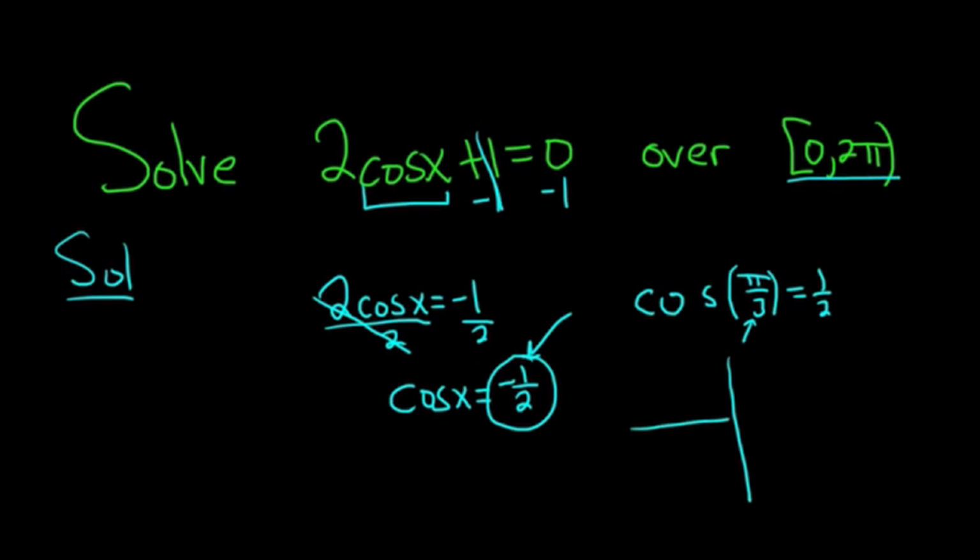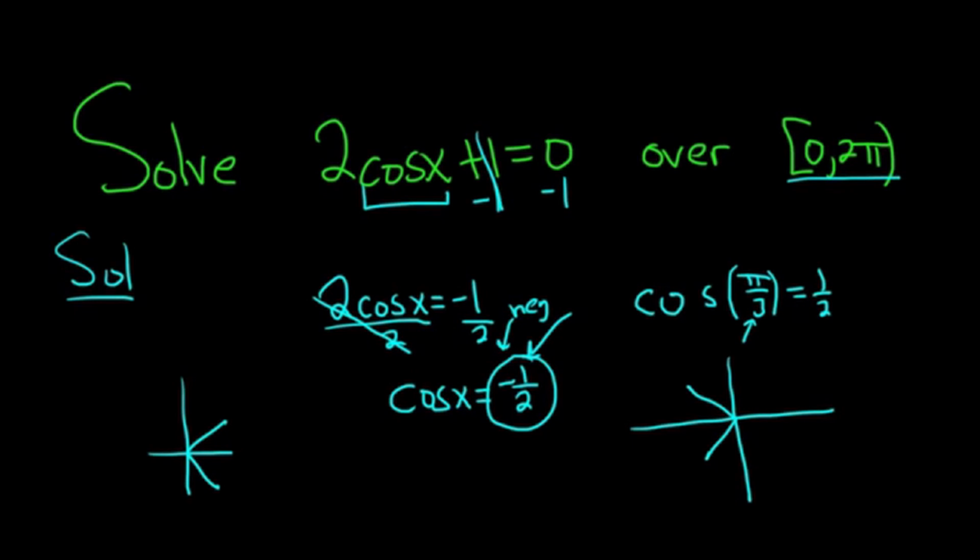Well, cosine on the unit circle is the x-coordinate. So those angles have to be multiples of pi over 3, and they have to be here and here. The reason they're here is because cosine is negative here. If this was the positive 1/2, then the angles would have to be here and here.